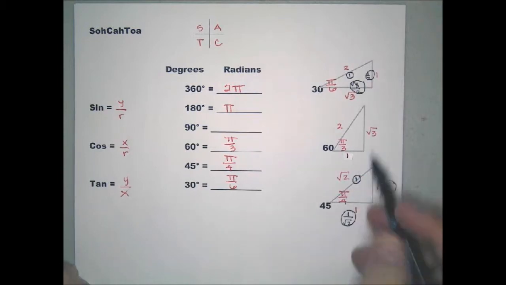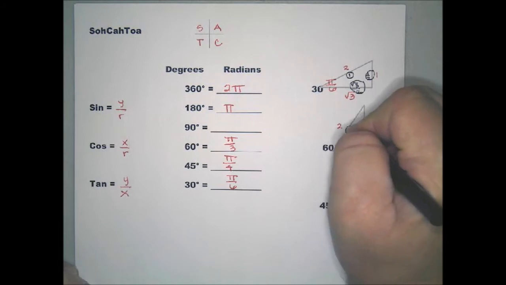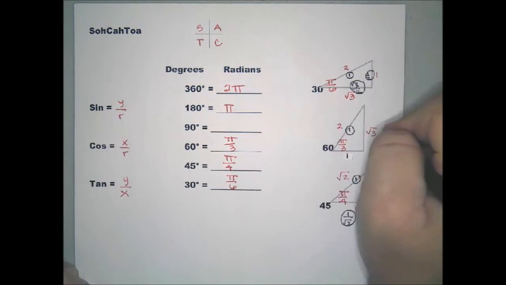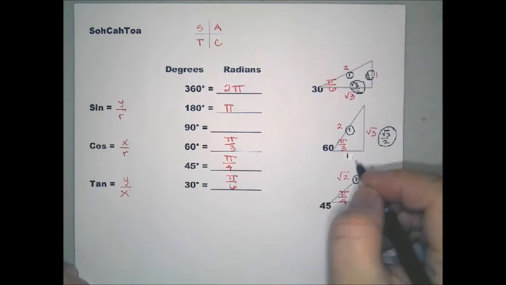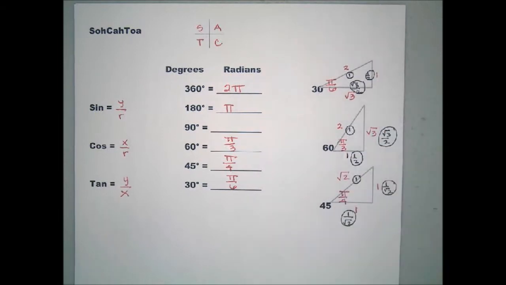But if we placed it in the unit circle, it would be the hypotenuse that has a radius of 1. This would be root 3 over 2. And this would be 1/2. Like I said, I know you've got all this information in probably several places in your notes.